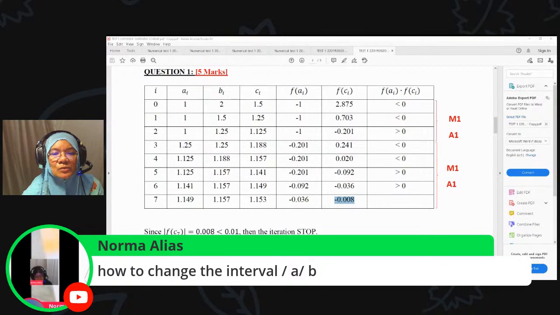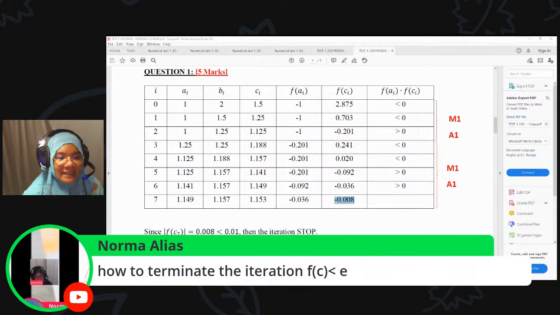You can also use F(A) times F(C) greater than 0 or F(A) times F(C) less than 0, change B, or F(B) times F(C) less than 0, change A. It depends on you. The next question is how to terminate the iteration: terminate when F(C7) is less than 0.01, as stated in the question.